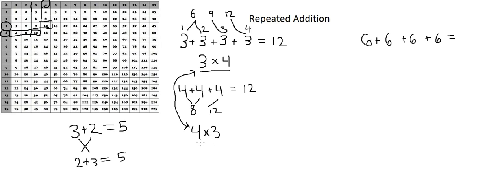So we can switch these around and get 3 times 4, but these two things are actually the same thing. And the answer is 12 for both of them. So you can either go the brute force method, or you can just convert it into a multiplication problem and use a table.